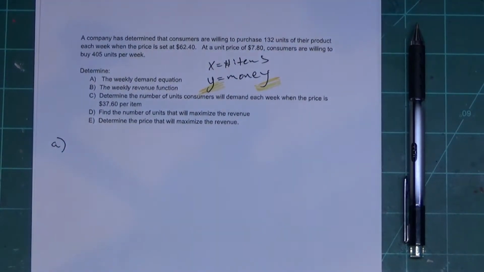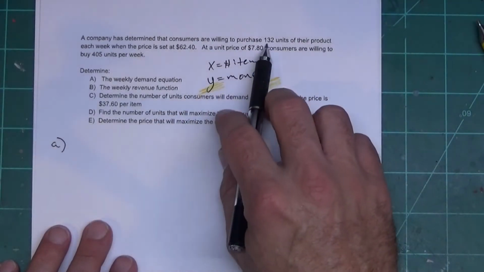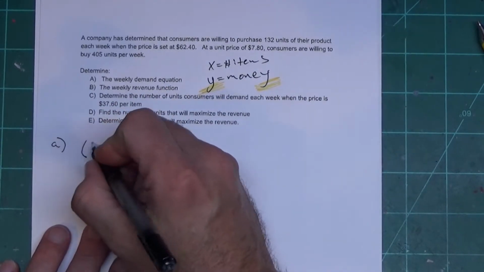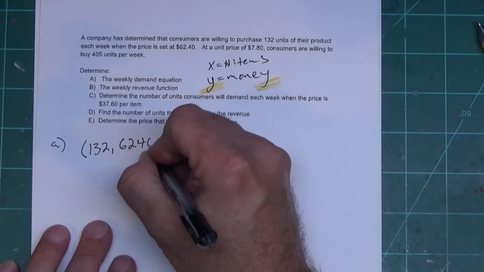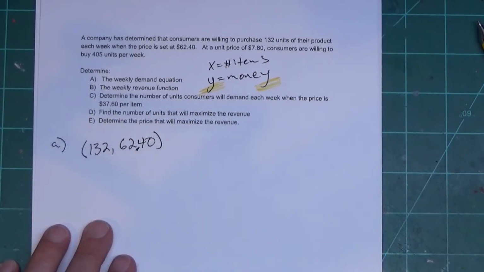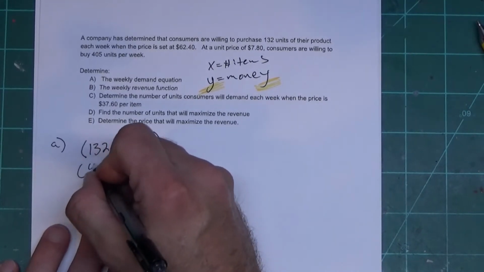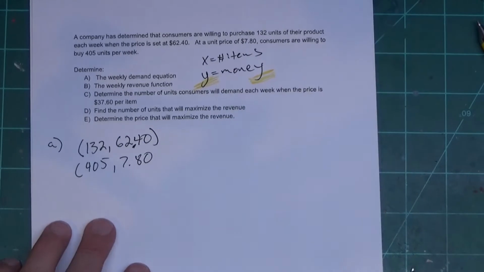So you can figure out Y is money by just looking at the last letter. So reading it again, it says they're willing to purchase 132 items at a price of $62.40. So I got 132, comma, $62.40. And then it says at a price of $7.80, they'll purchase 405. So 405, comma 7.80. There's my 2 points.